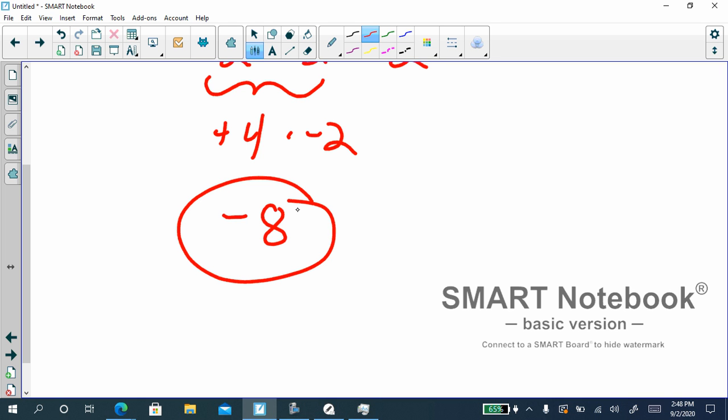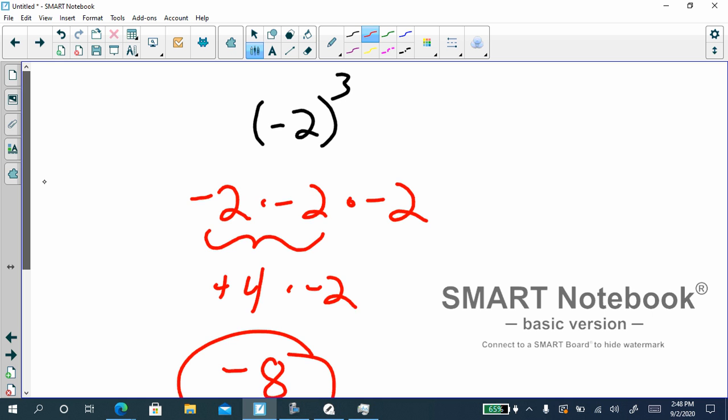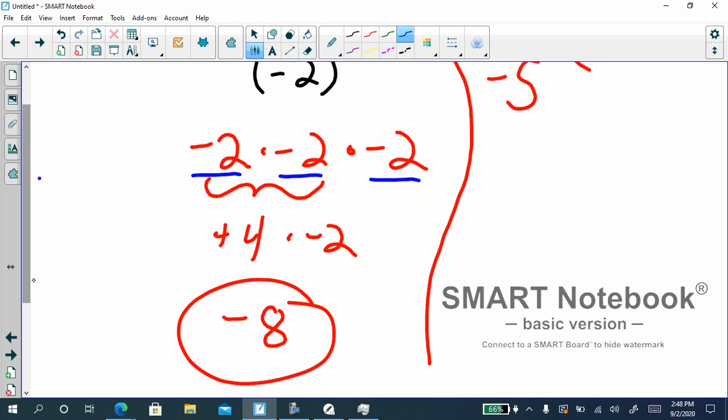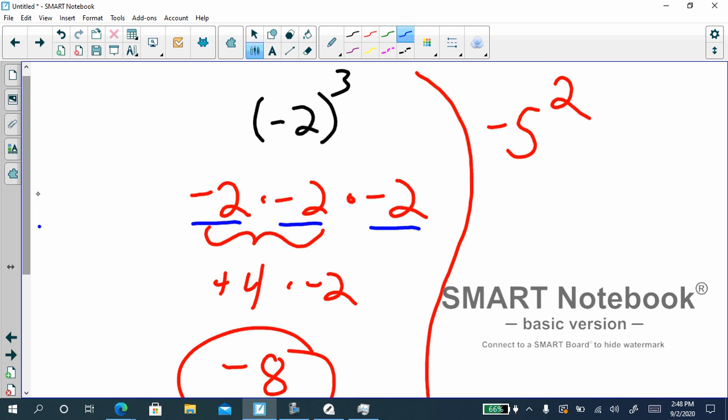Now, while we're on this subject, let's compare that to a similar problem. Let's do negative 5 to the second. Notice how the one on the right does not have parentheses around it, while the one on the left does. The one on the left, the base is negative 2, so we write negative 2 out 3 times. But the one on the right, the base is not negative 5.